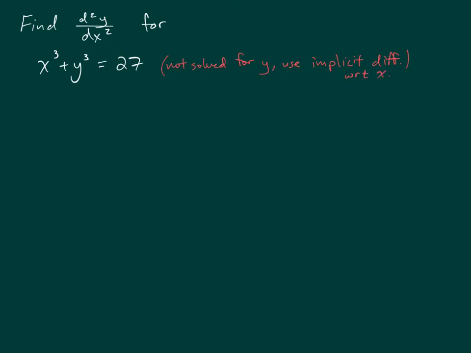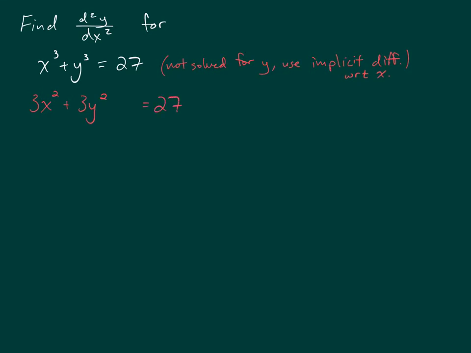So what that means is I can go through and now I can take the derivative of y's and any y variable, like we were taking the derivative of an x. So I'm going to have 3x squared plus 3y squared equals 27.